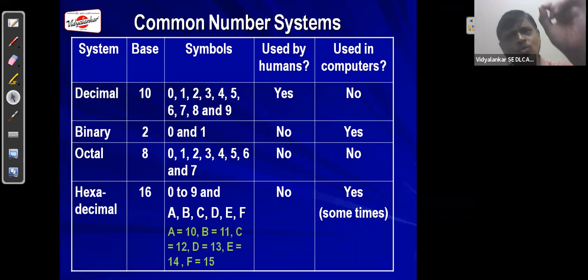Now I will ask you one question. Let me see what your answers are. In the hexadecimal number system, there are digits from 0 to 15.